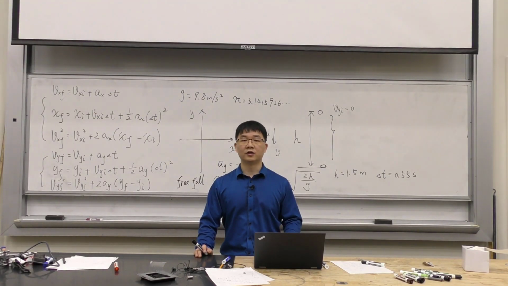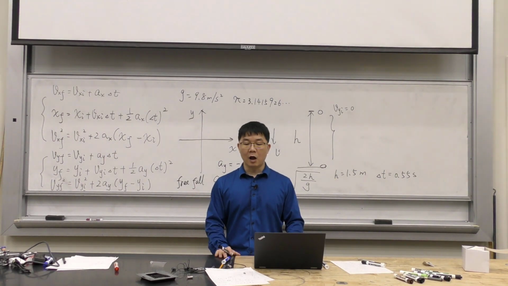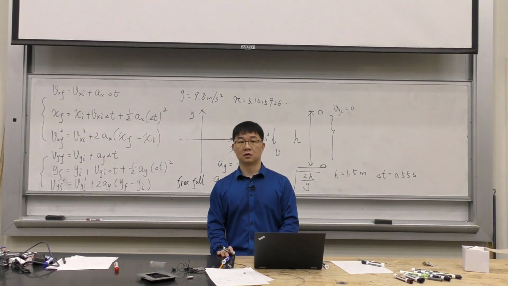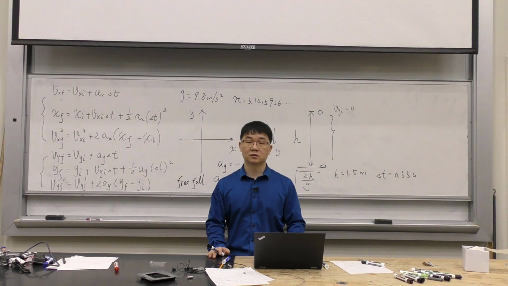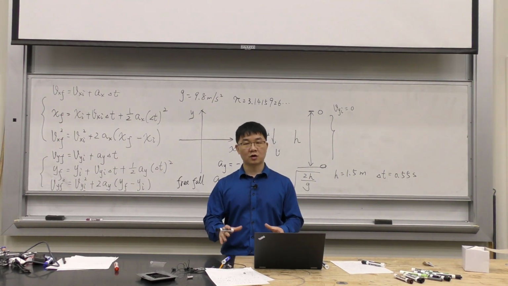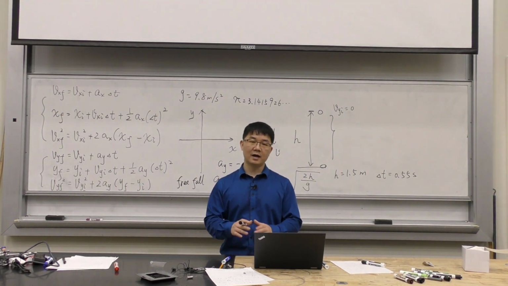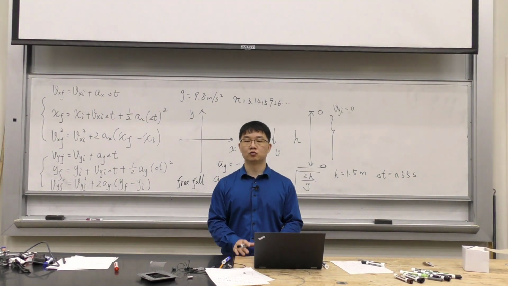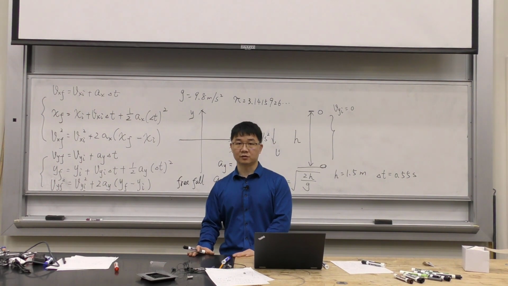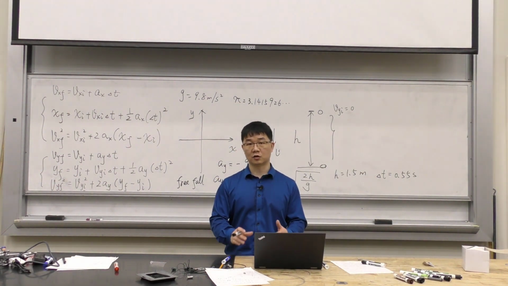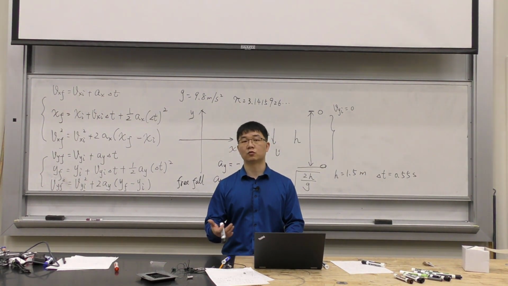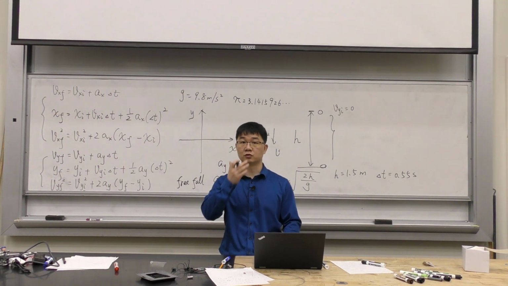If we want to draw a general conclusion, not just some numbers, I want to use these symbols and manipulate them to get a general conclusion, so that anytime I want to repeat this experiment with different numbers, I can use this conclusion and plug numbers in. That's what we do when we want to draw a general conclusion.